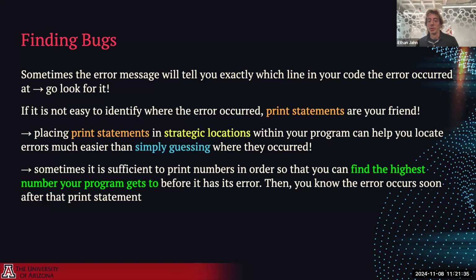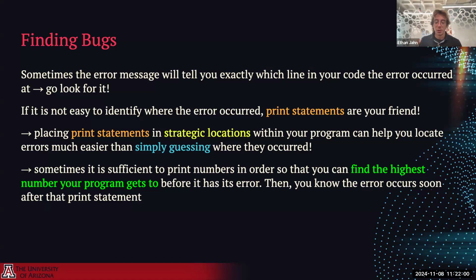Then you can look at the output of your program. If you see that it terminates after the program prints out number 4, but it didn't get to number 5, then you know that error is somewhere in between print 4 and print 5, right? And that'll narrow it down to that location in your code.